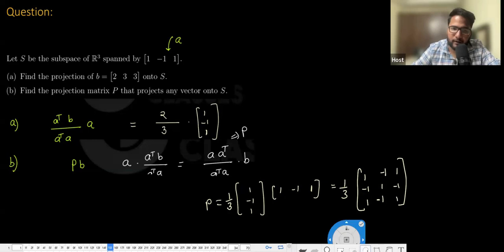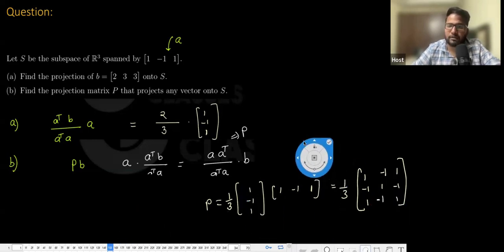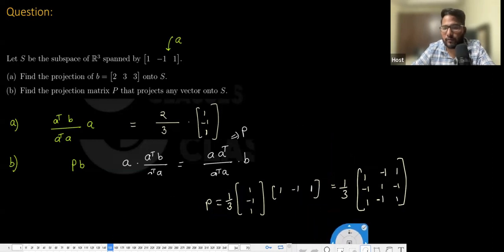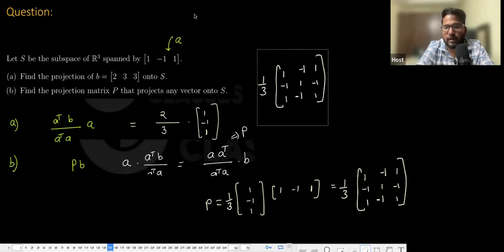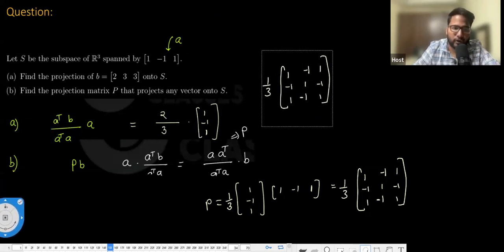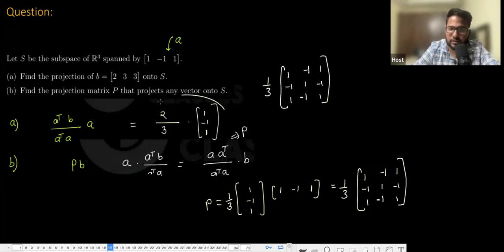Okay. So now what you can do, you can multiply this projection matrix just to verify. You can multiply this projection matrix into some vector. Let's suppose B. Just check. Obviously, you should be getting the same projection. But if you want, you can just verify this. Multiply this by B. You will be getting the same projection as this. What is B here? B is 2, 3, 3.